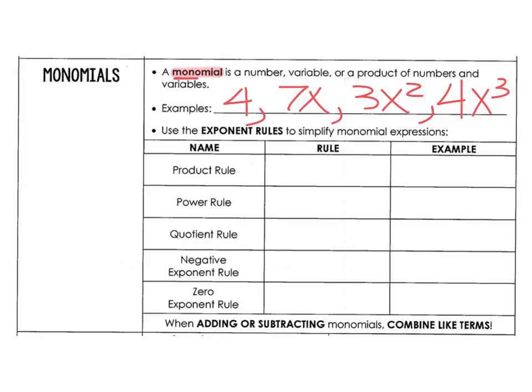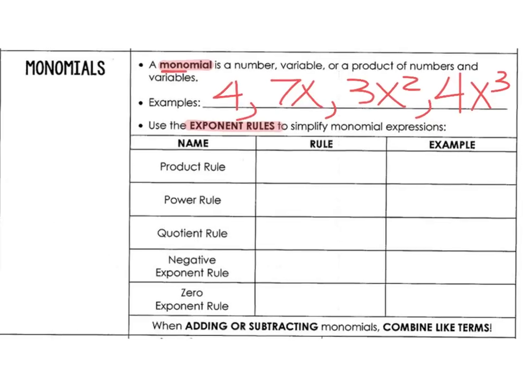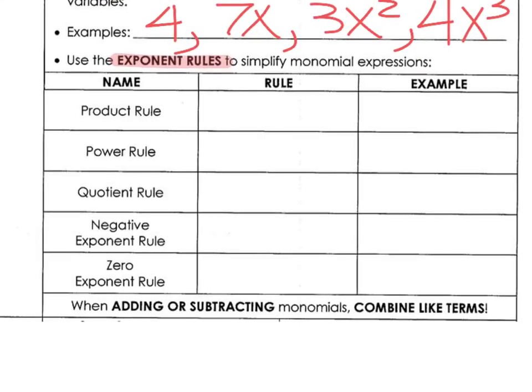And then we want to use what we call exponent rules to help us simplify monomial expressions. We've got 5 different rules here. The first one is the product rule. I'm going to zoom in here on our table to help us fill this in a little easier. The product rule says if we have the same base, so a to the m power times a to the n power, what we do is we add the exponents together.